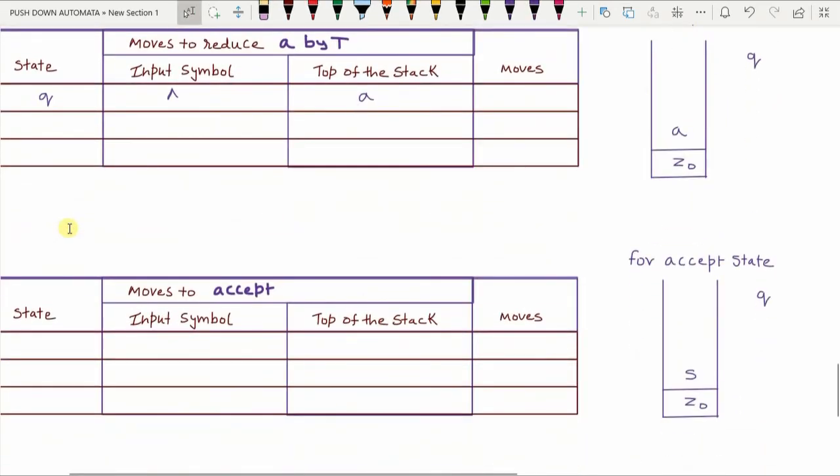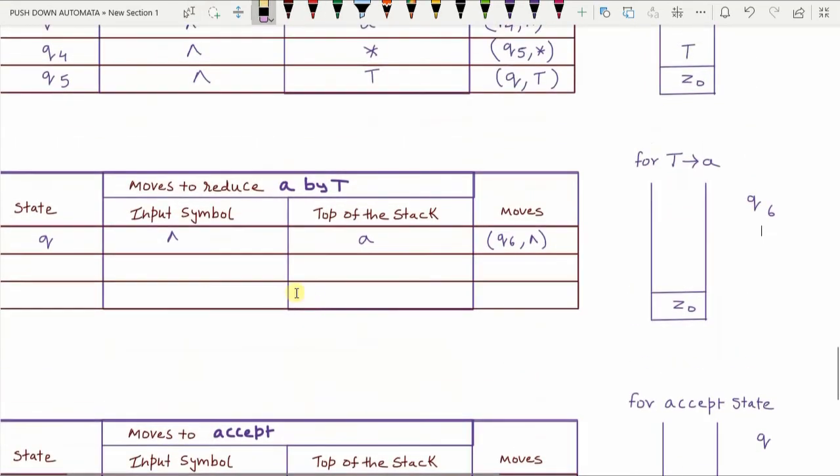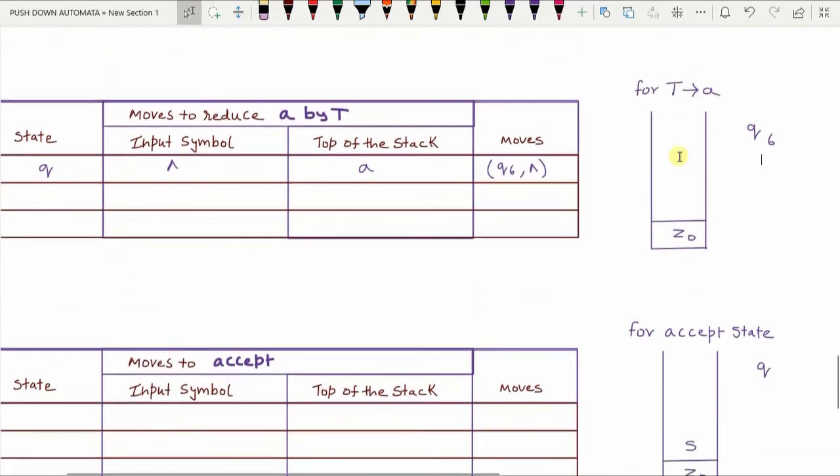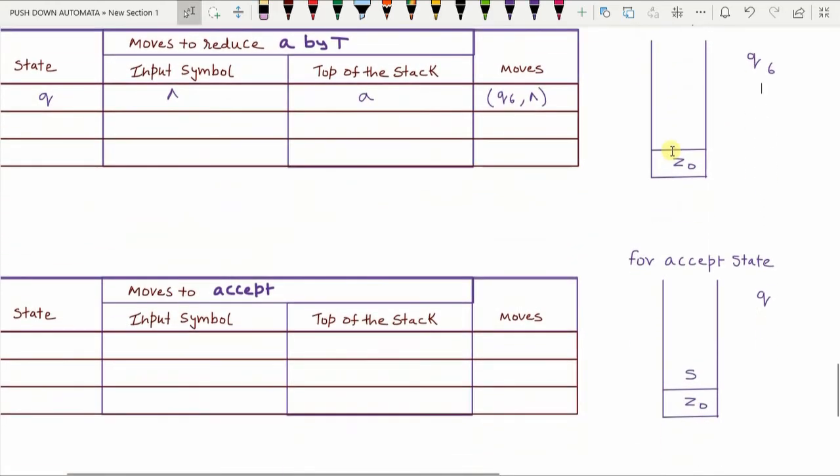I pop this A out, and I will go to Q6 state by popping this A out, and this A has to be replaced with T. So in state Q6, again nothing is read, I will push.